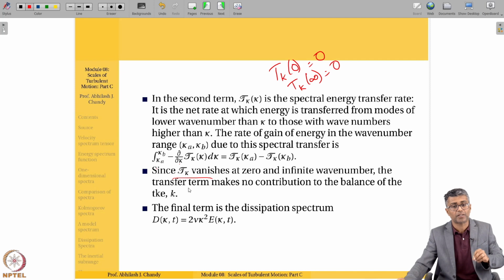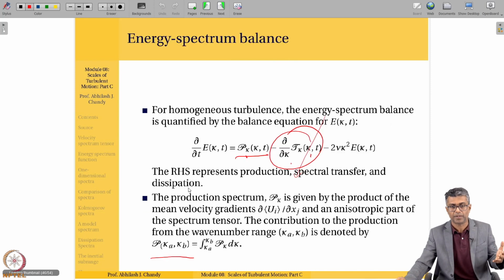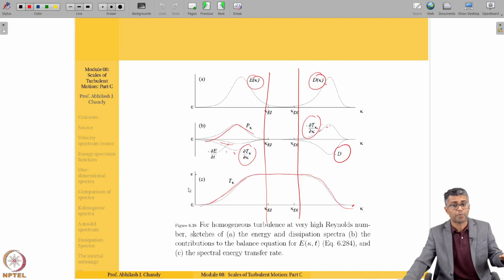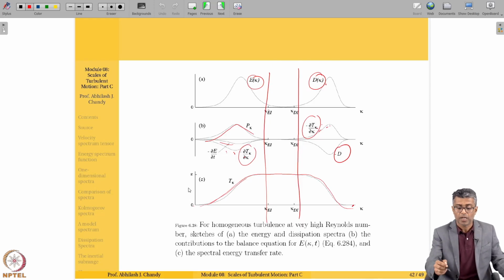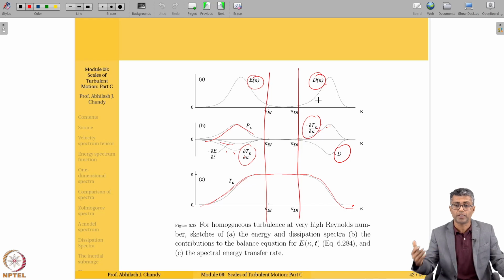So the final term is the dissipation term, which we know what we get when we integrate it. All right, we get the actual dissipation. And that is what we are trying to show with these plots. So E of kappa is more dominant in the energy containing range, whereas dissipation, the D of kappa, is more dominant in the dissipation range. The production is more dominant in the energy containing range.